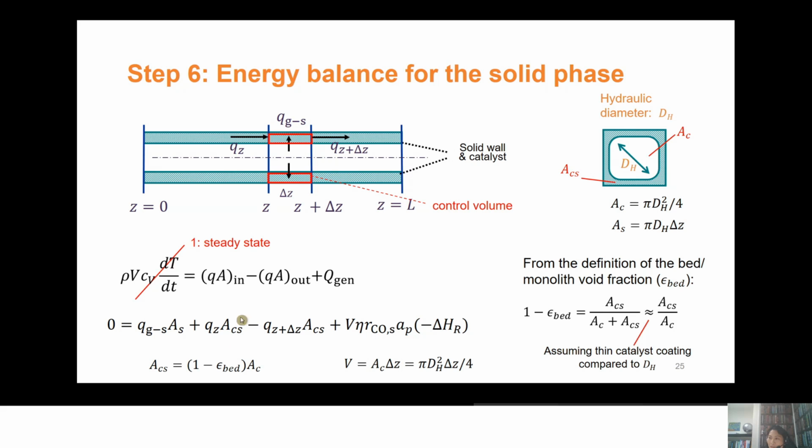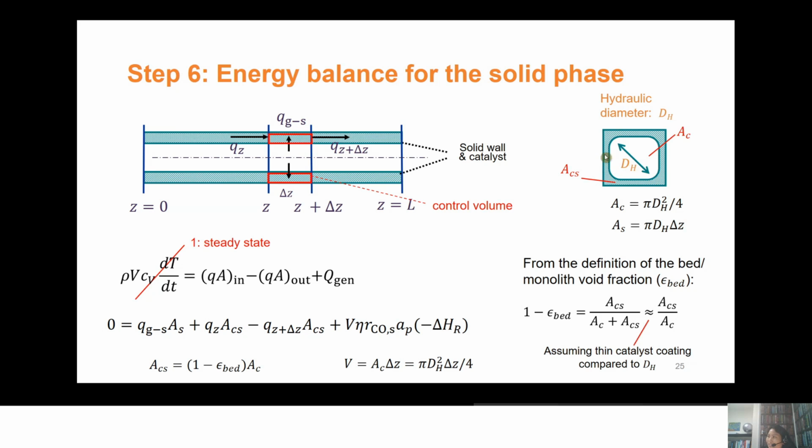Maybe you have noticed this ACS here, the area that we multiply with the conduction flux. This is different from the one we used before for the material balance. It needs to be the cross-sectional area of the solid, not the gas phase.